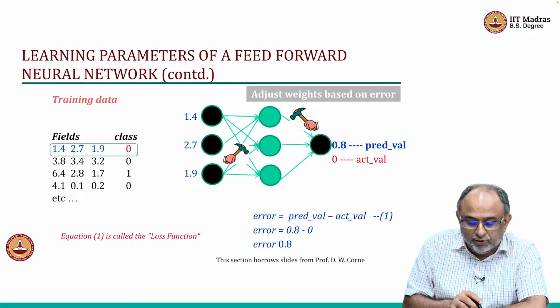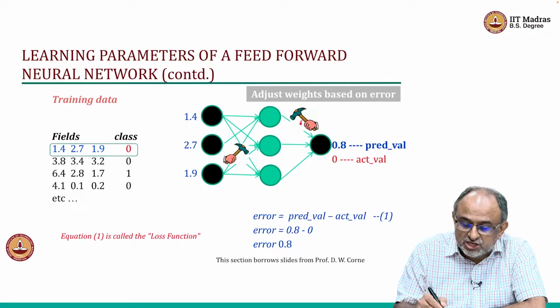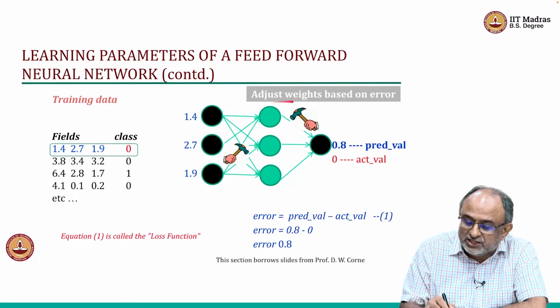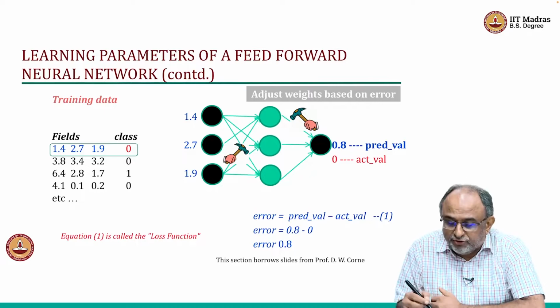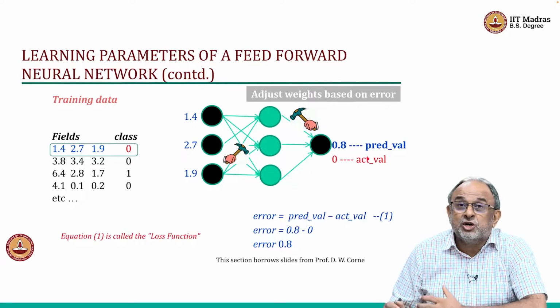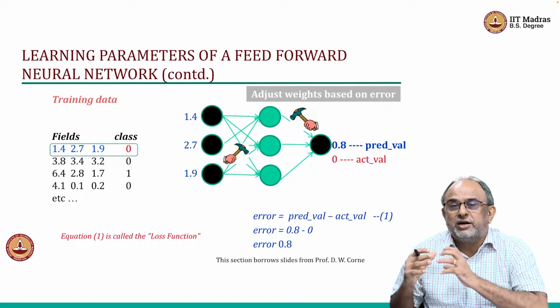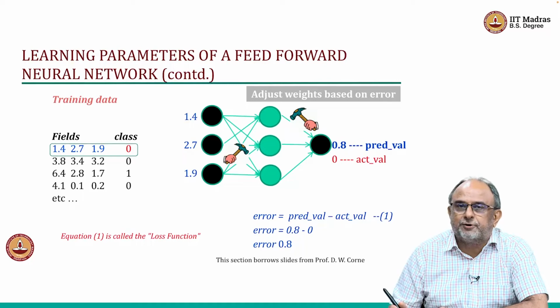So now what can we do to reduce this error? The only thing we can do is change the weights. So we adjust the weights, but how should I adjust them? If I had got the perfect value, that means my weights are probably good, so I should not be adjusting. So how much I adjust the weights should be a function of the error.